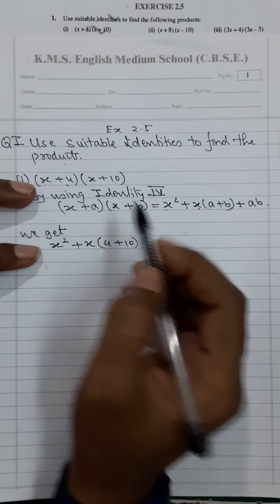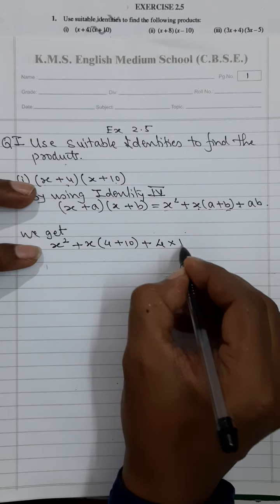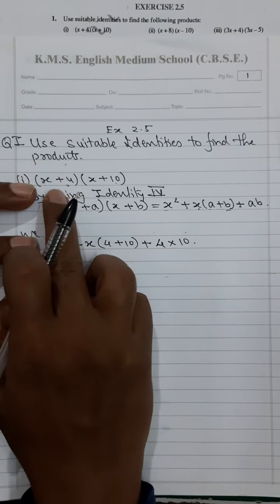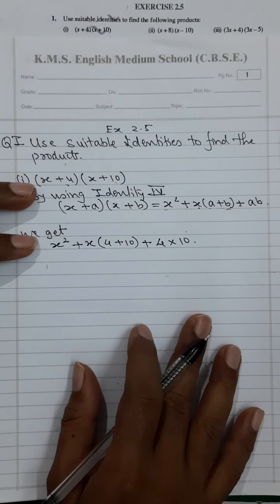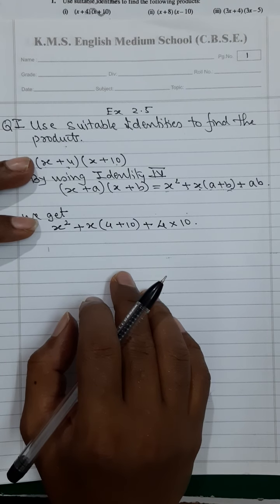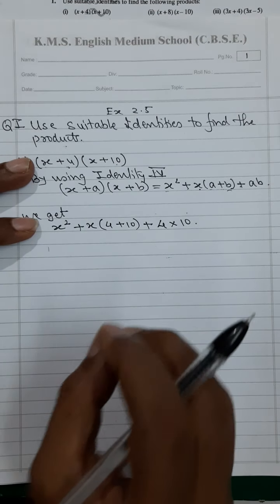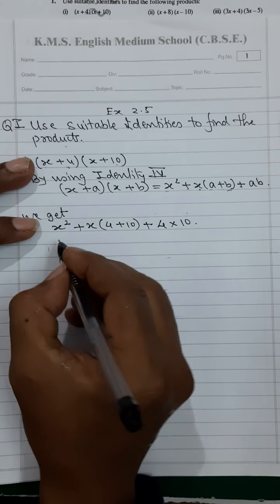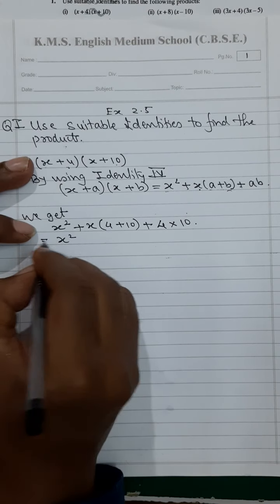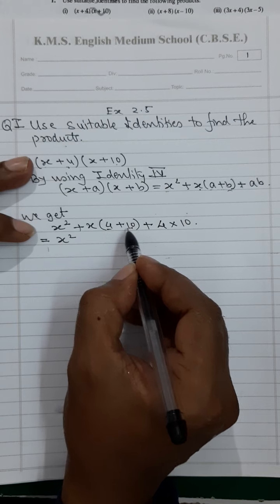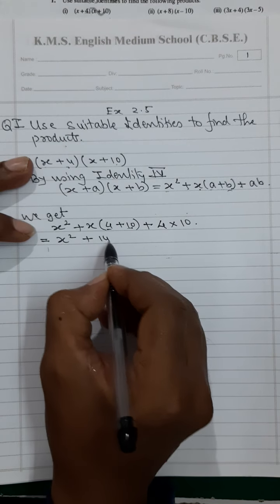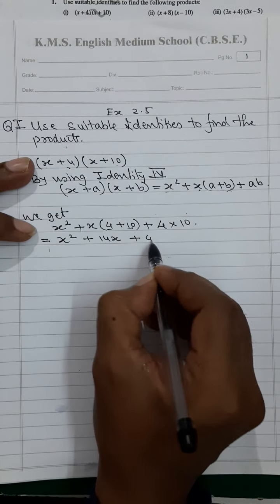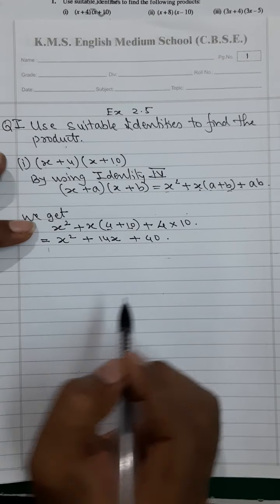Second terms product. But remember, actually we have to consider signs over here. But right now all is plus, so it's okay. You don't have to consider sign. But if supposing minus would have been there, then you would have been considering minus over there. Now what do I get is equal to 4 plus 10, 14 into x, 14x plus 4 tens are 40. This is your answer.